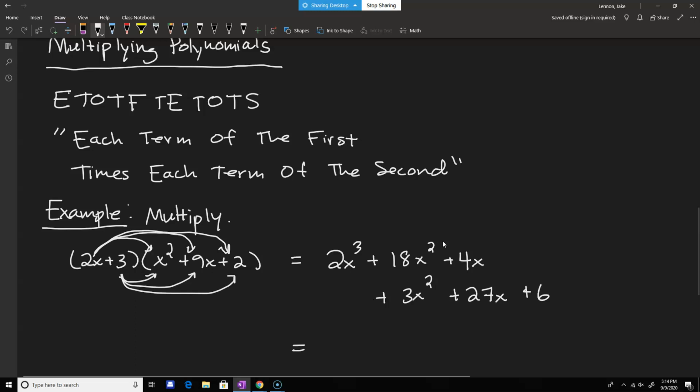So your pairs of like terms are your 18x squared plus 3x squared and your 4x plus your 27x. So those are the ones that combine to give your final answer here. So that's 2x cubed plus 21x squared plus 31x plus 6. And that's what we would enter for our final answer.